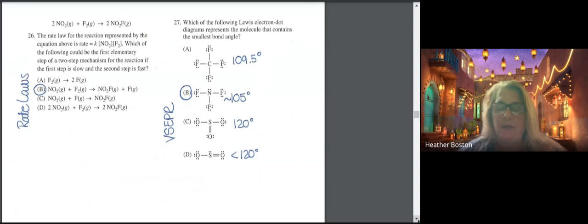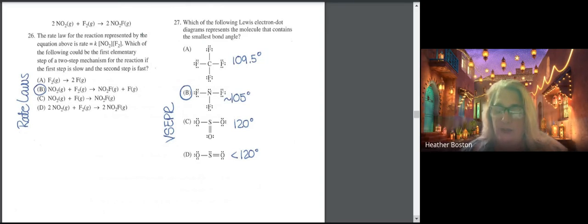This is VSEPR. 27 is about a VSEPR. It is valence shell electron pair repulsion. Remember, lone pairs of electrons warp the bonds. So the more lone pairs of electrons you have, the more the bond is warped. So the first one has 4 things going on around the central atom. No lone pairs, 109.5.